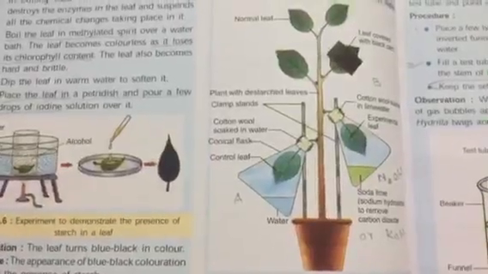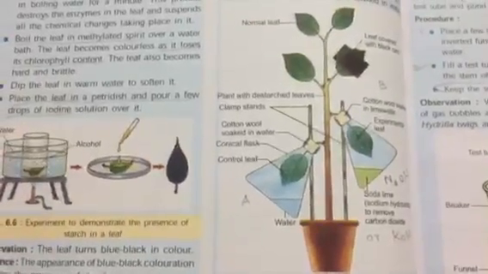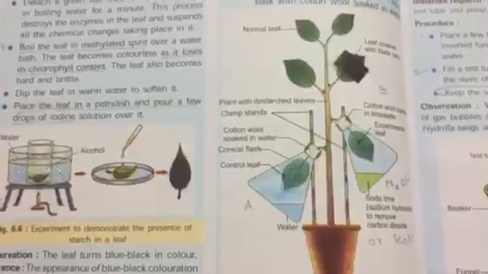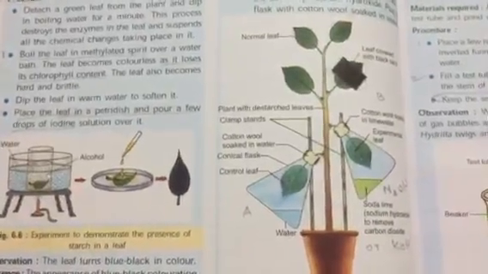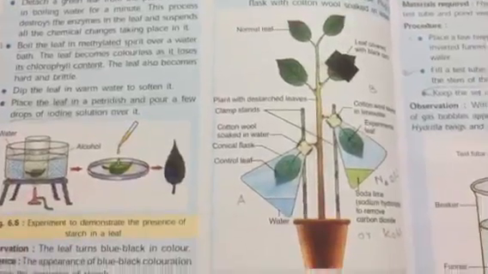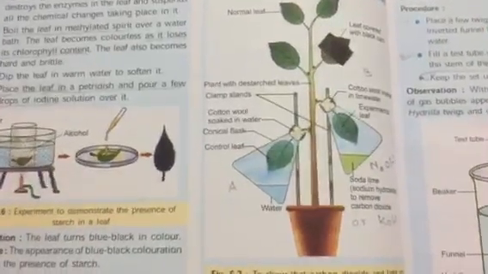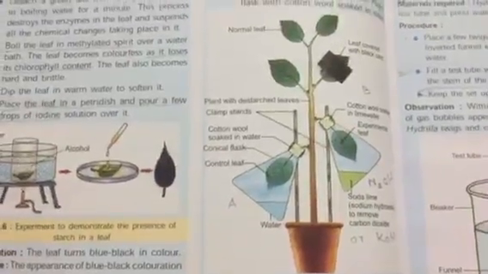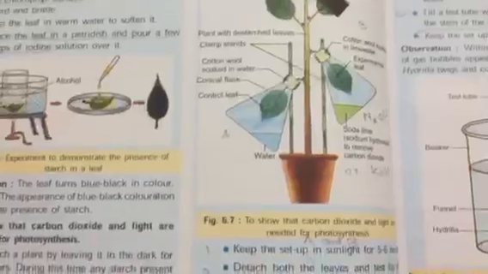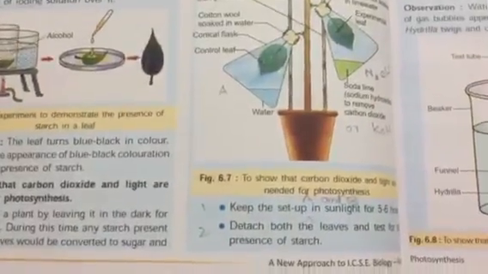So you will learn how carbon dioxide is a limiting factor, by referring to the previous experiment number 1. In place of NaOH you can use KOH also. Keep this setup in your mind and draw these two setups.